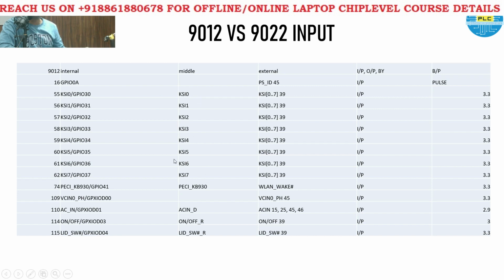These are the keyboard KSI 0 to 7, and here WAKE# wireless LAN wake. Here is the basic thermal information. See, VC in 0, PH value, and next AC in, ON/OFF, and LED switch. Okay, this is for 9012.